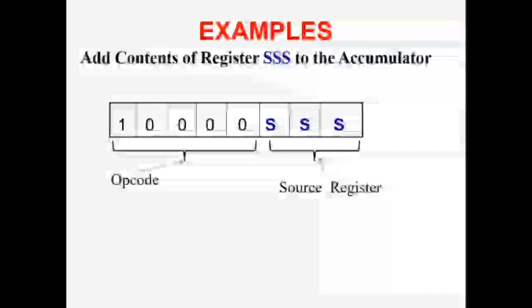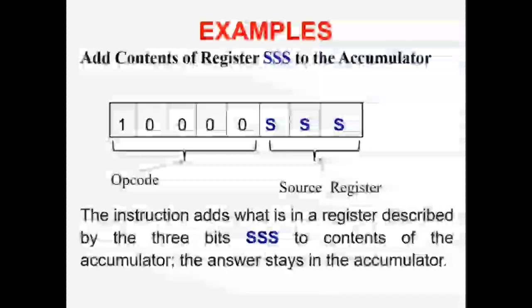So you just mention the source register, which will be added to the accumulator. So when I say, for example, add D, I mean add what is in register D to what is in the accumulator. Add C, add what is in register C to what is in the accumulator, and so on. So we were discussing these instructions.